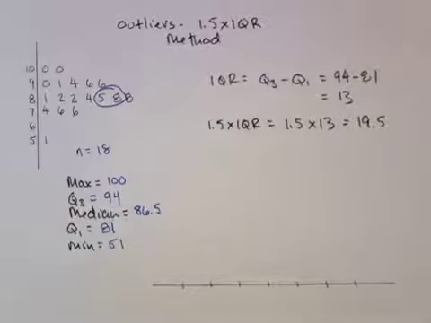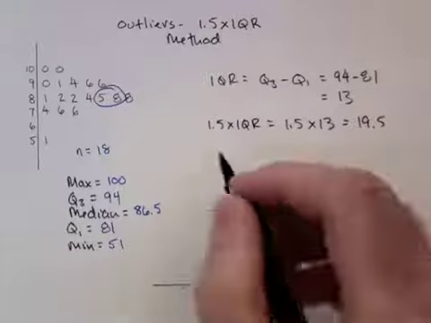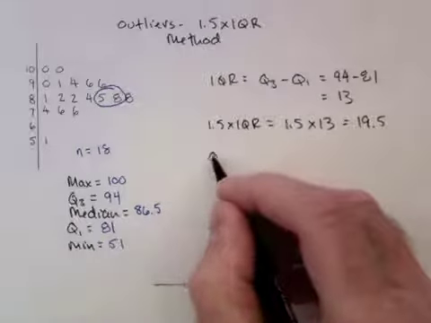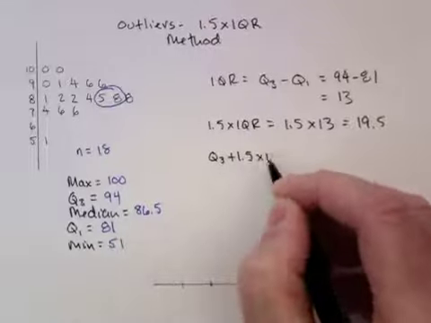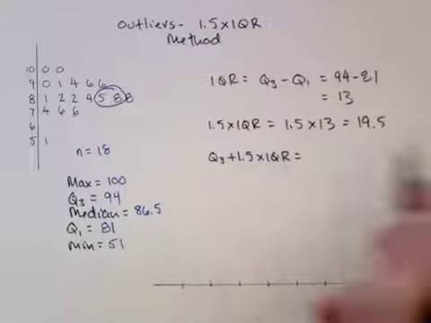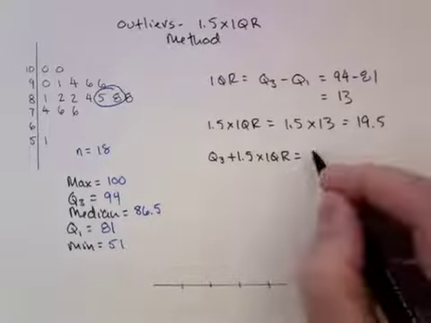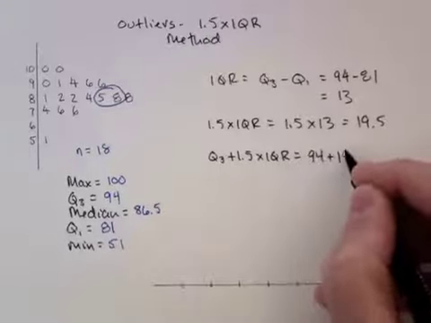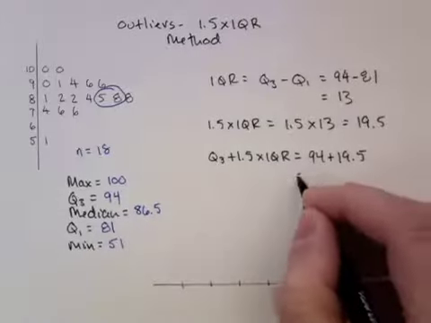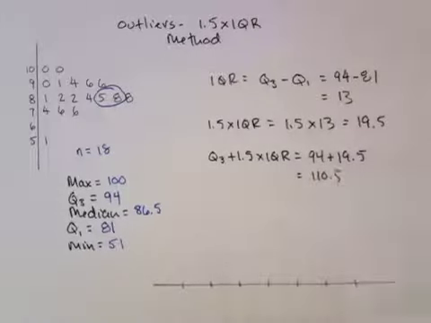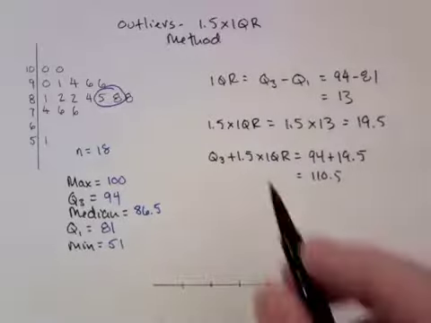And then finally, we need to use this value to get boundaries on the locations of outliers. So we're going to take the third quartile plus 1.5 times the IQR, and for us that is 94 plus 19.5, which is going to be 110.5. So anything in the set larger than 110.5 will be an outlier, and of course we don't have any.